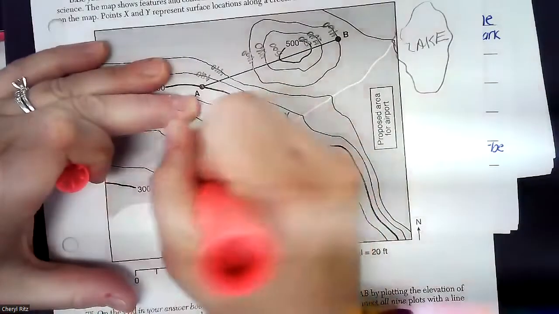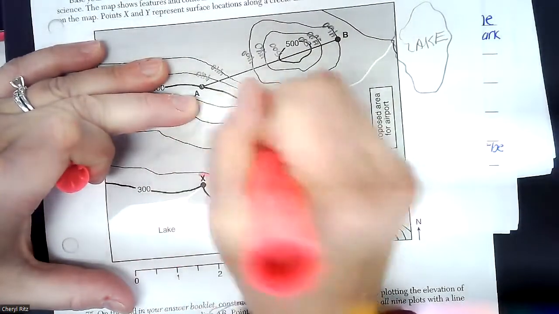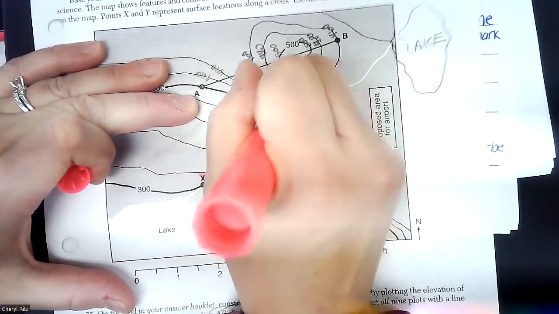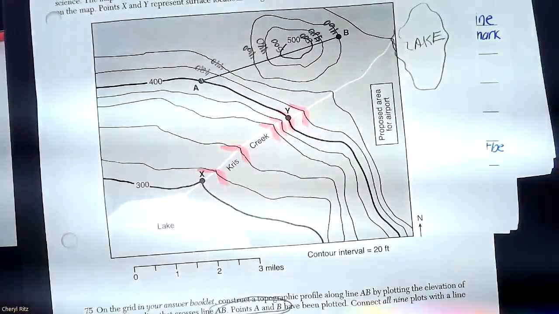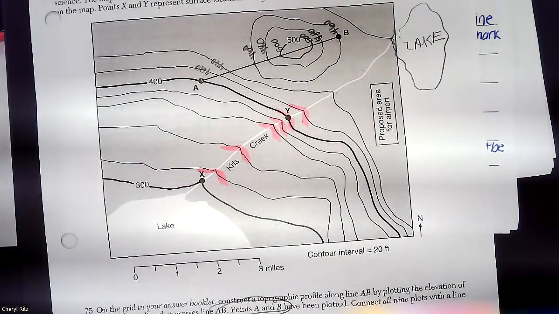Notice the bends, guys. Every time this creek crosses the lines, see how the bends are? But how can I describe this?